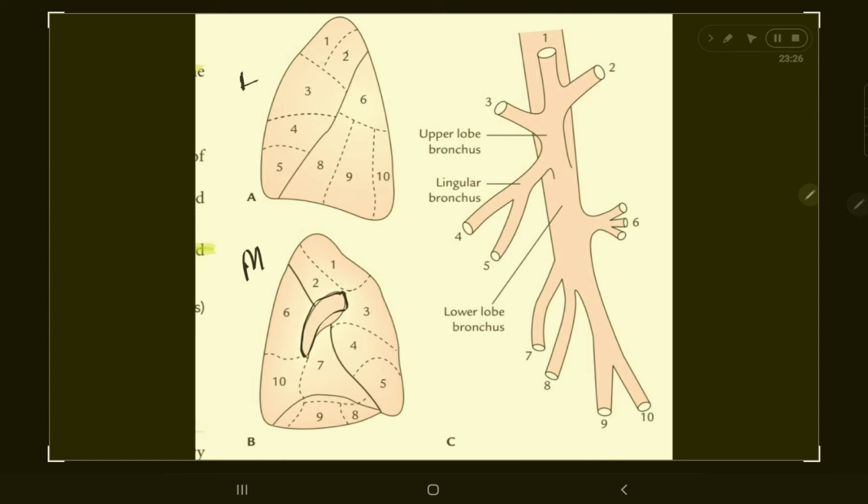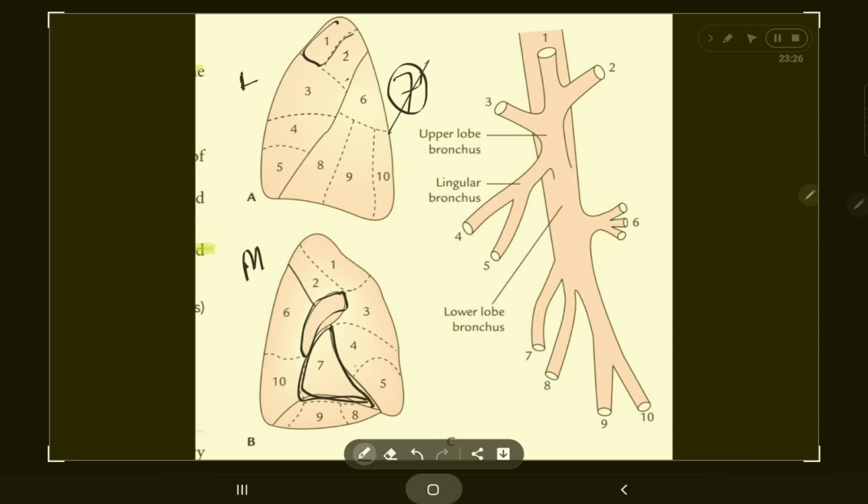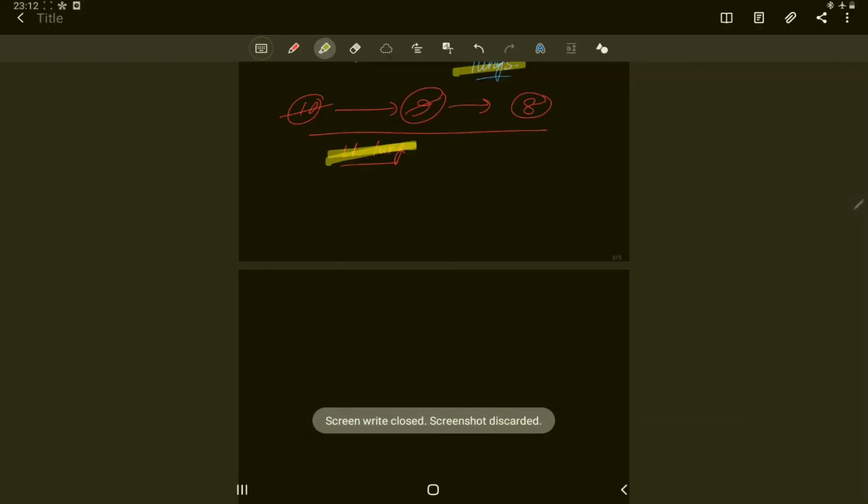Same thing, you can see here 1, 2, 3, 4, 5, 6. You cannot see segment 7 here. Segment 7 is present in the medial view only. So now I'm going to draw the bronchopulmonary segments of the left and right lungs.